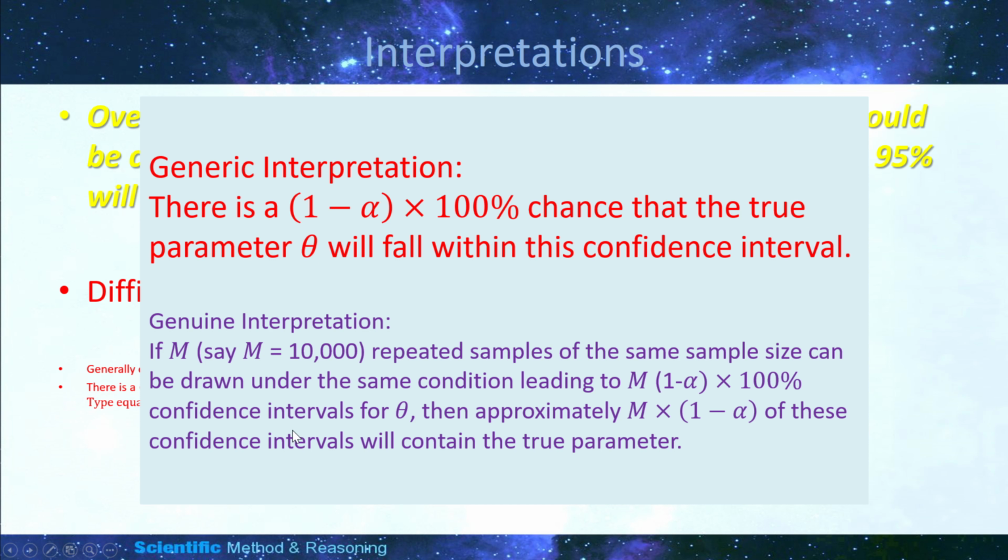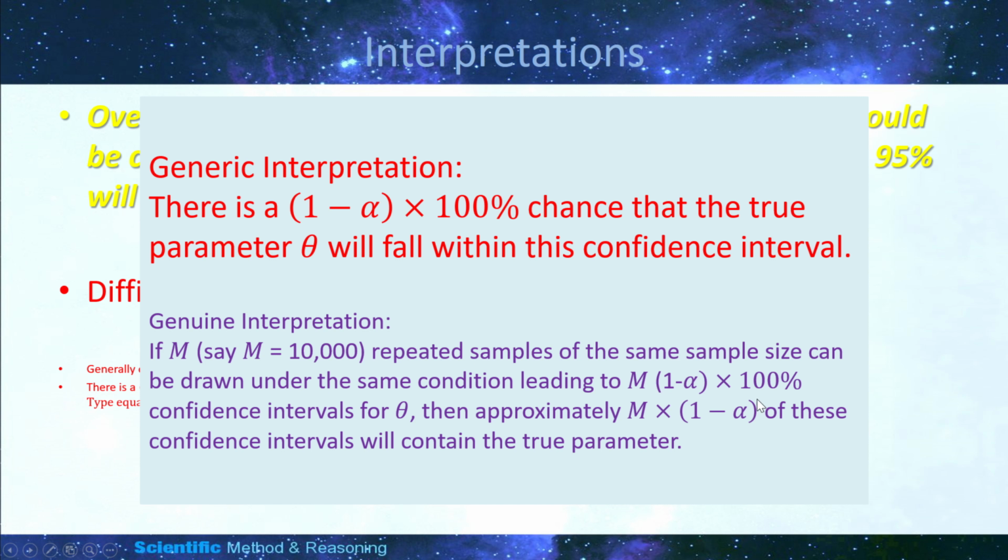But the genuine interpretation is, suppose we repeat the experiment 10,000 times under the same conditions. That means we draw 10,000 samples, each of size n, under the same conditions. Then, based on that formula, we can generate 10,000 confidence intervals with confidence coefficient 1 minus alpha.